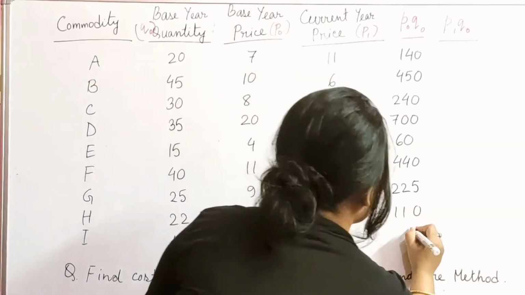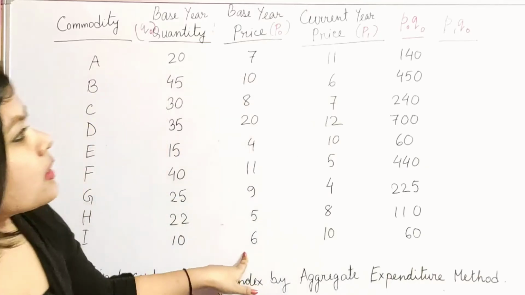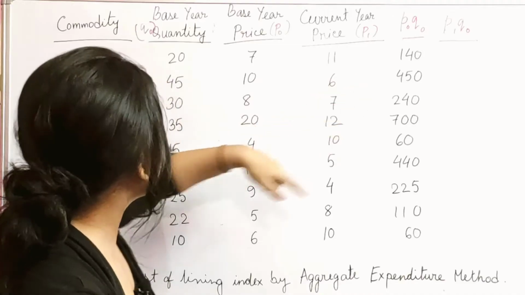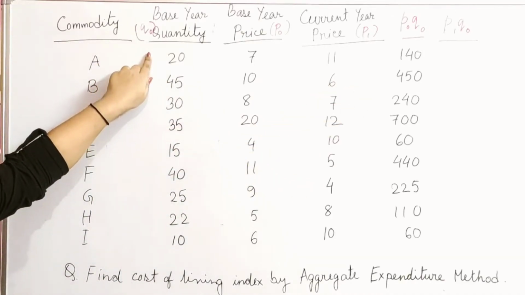10 into 6 is 60. Then we need to find P1 Q naught. Here this value is P1 and this value is Q naught.